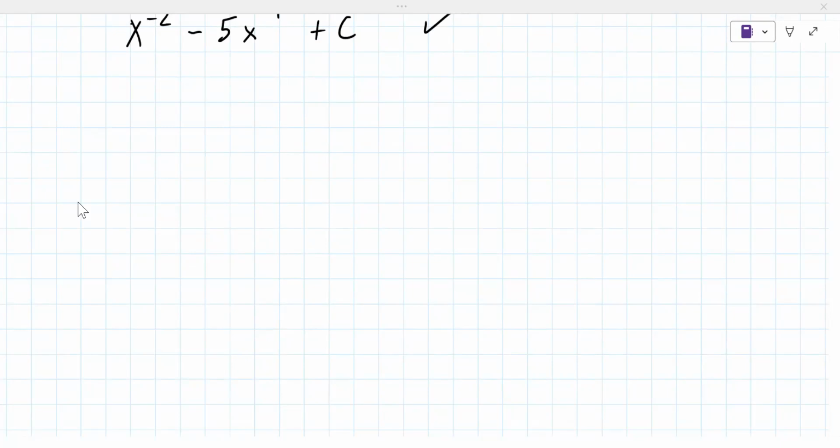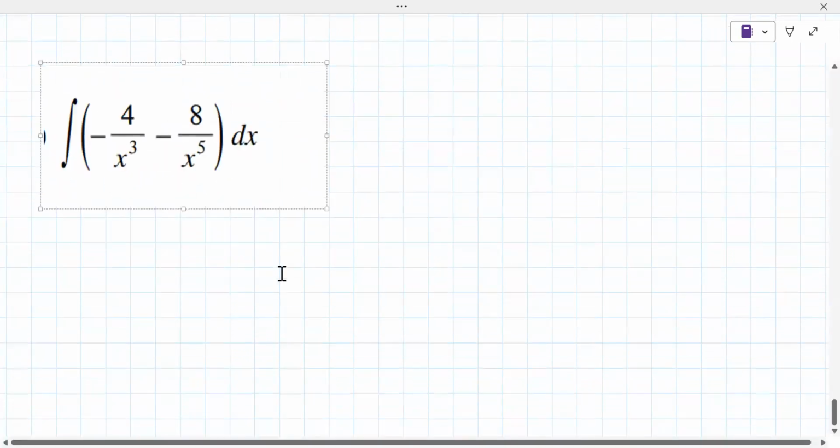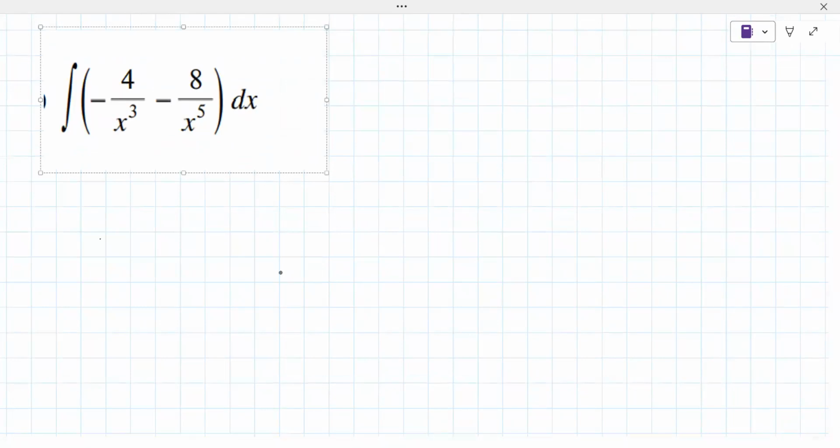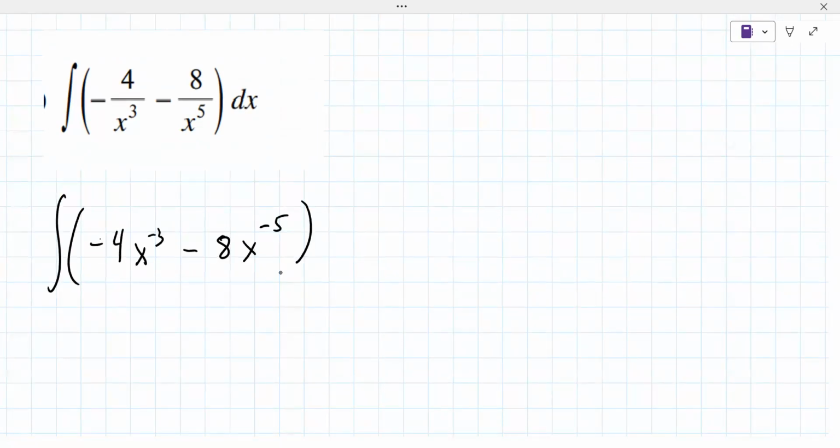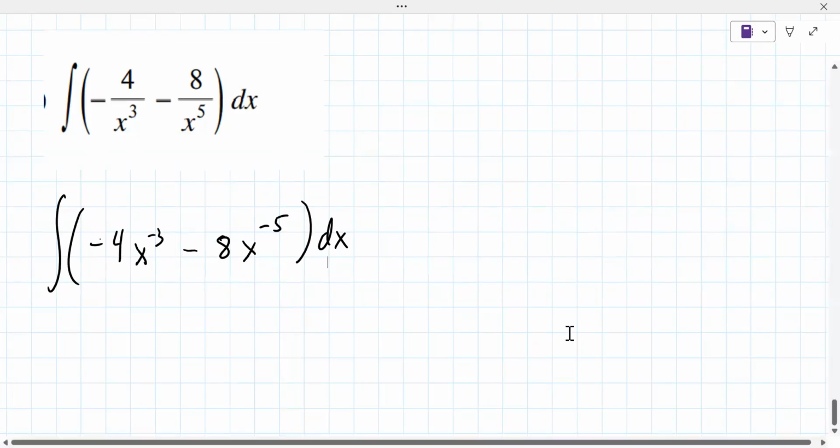You have to know how to rewrite them, and for now, you really do want to rewrite them with the exponents in the numerator. So this becomes -4x to the -3 minus 8x to the -5, like that. That's how you want to work through the integration.